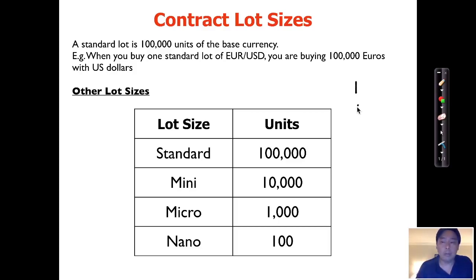You key in 0.5, because one lot is 100,000, so 0.5 is 50,000. Let me just write it down for you. One lot is 100,000, and 0.5 is 50,000.